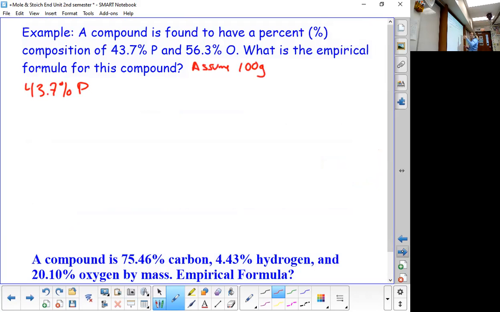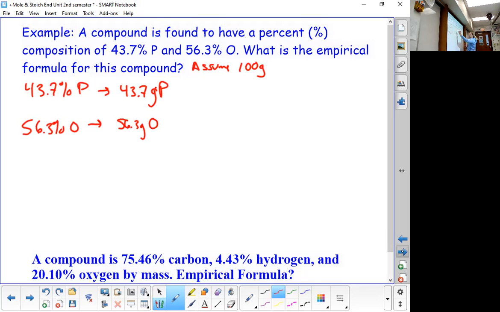You can pick any amount. But if I have 100 grams, then I have 43.7 grams of phosphorus, and I have 56.3 grams of oxygen, and it's the atom oxygen. This is not elemental oxygen. It's oxygen within a compound.